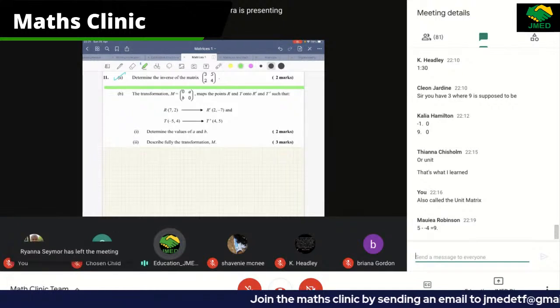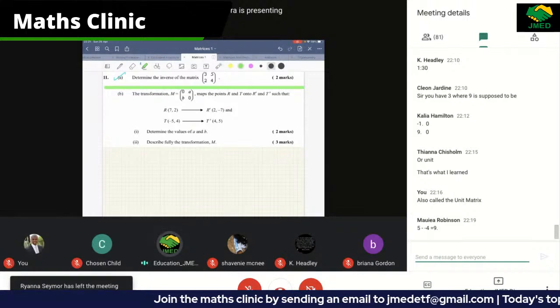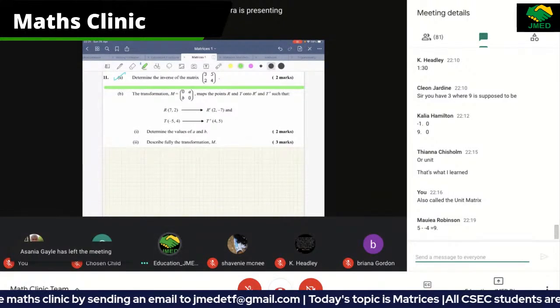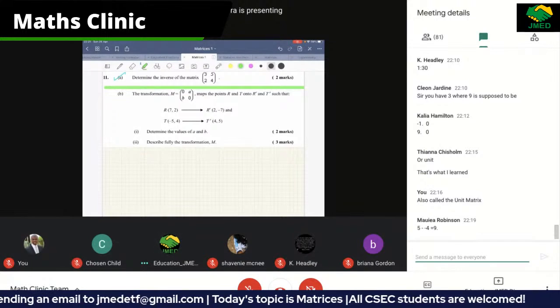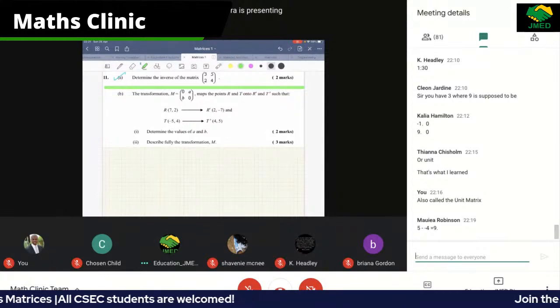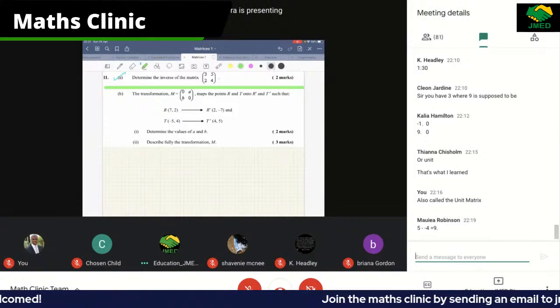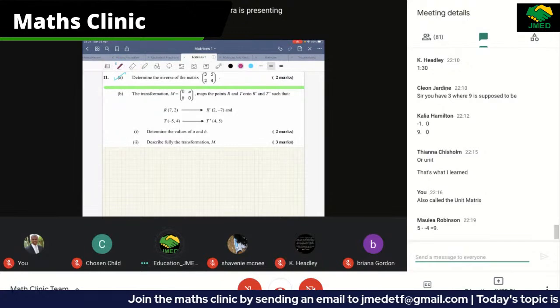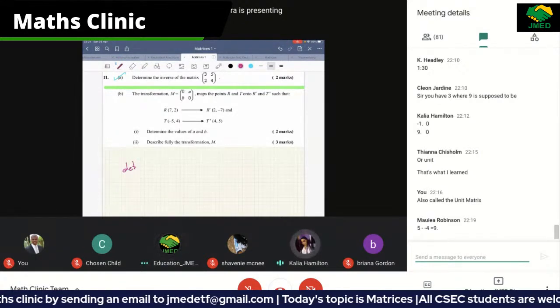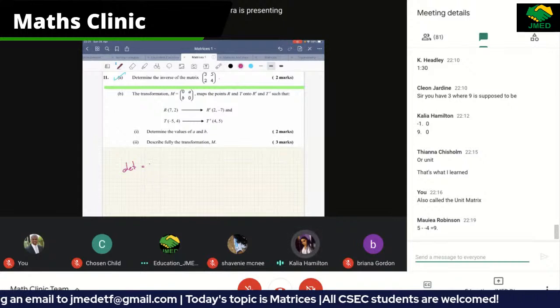So in order to find the inverse, we need to find the determinant as well as to find the adjoint and put them together. So the determinant would be 1 over negative 4.